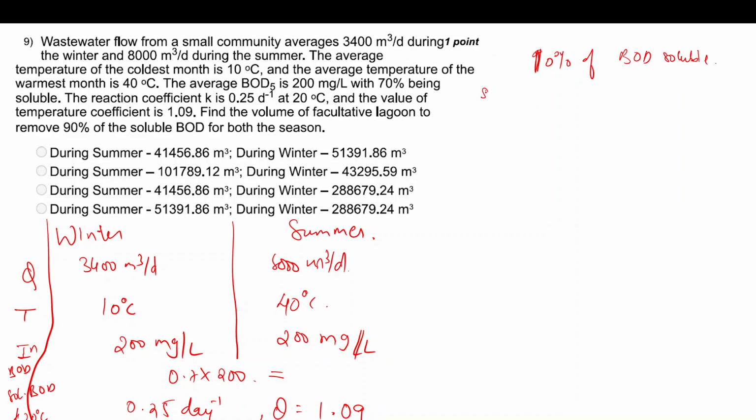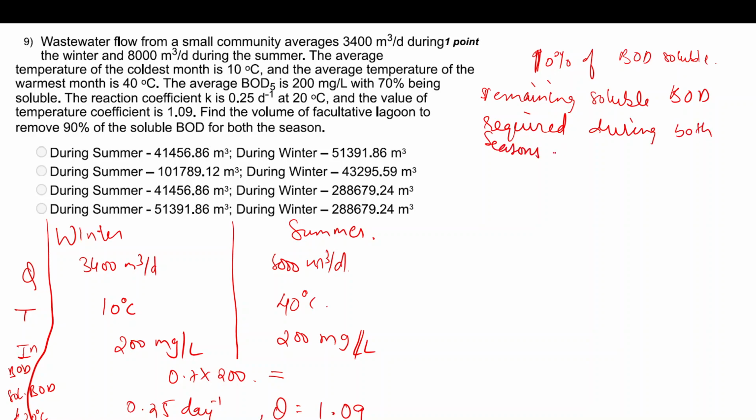The remaining soluble BOD required during both the seasons is 14 milligram per liter. So for these two seasons, you need to check what is the volume of lagoon required for treatment.